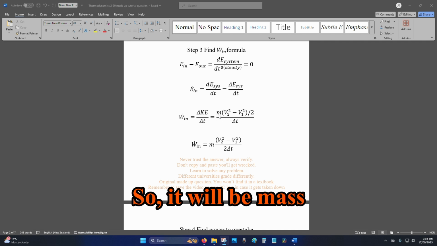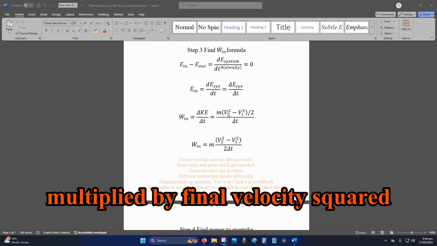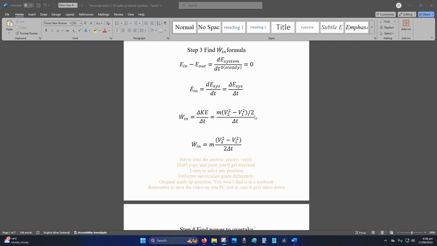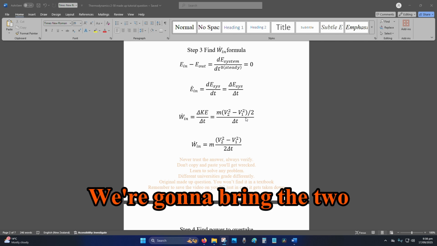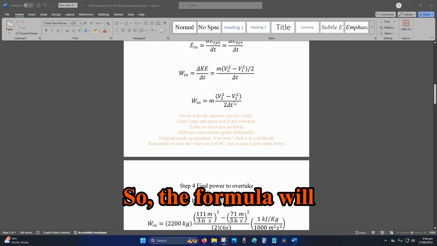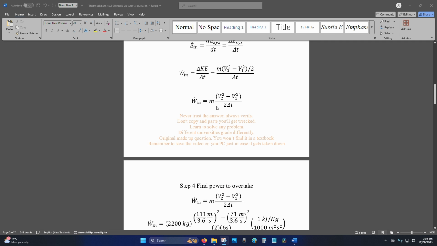So it will be mass multiplied by final velocity squared minus initial velocity squared, divided by 2. We're going to bring the 2 down to the denominator. So the formula will look something like this.